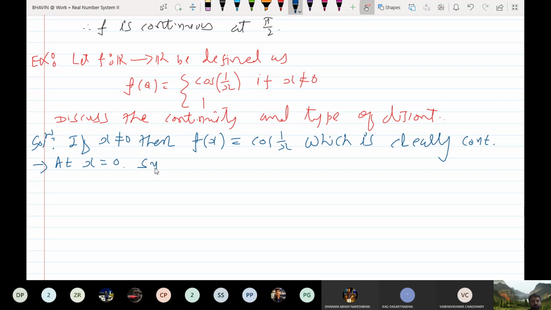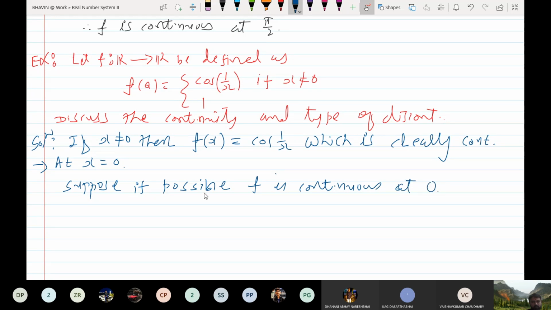Suppose if possible, f is continuous at 0. Therefore limit x tends to 0, f(x) must equal f(0).